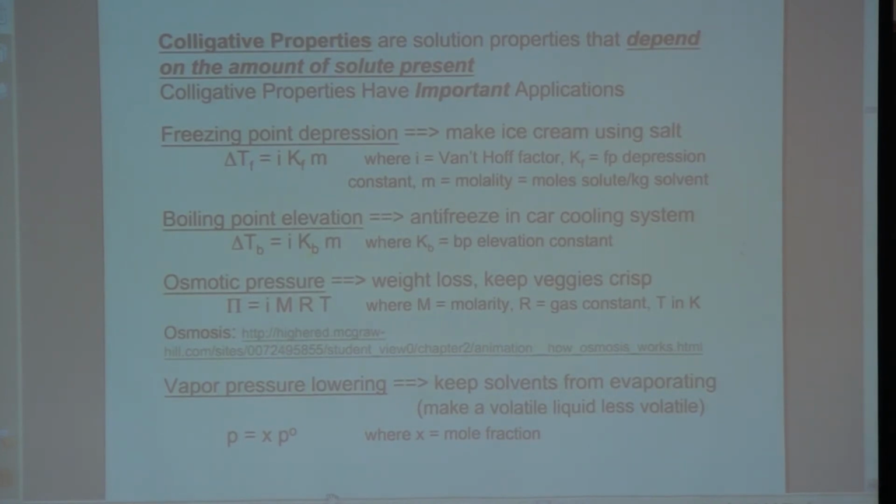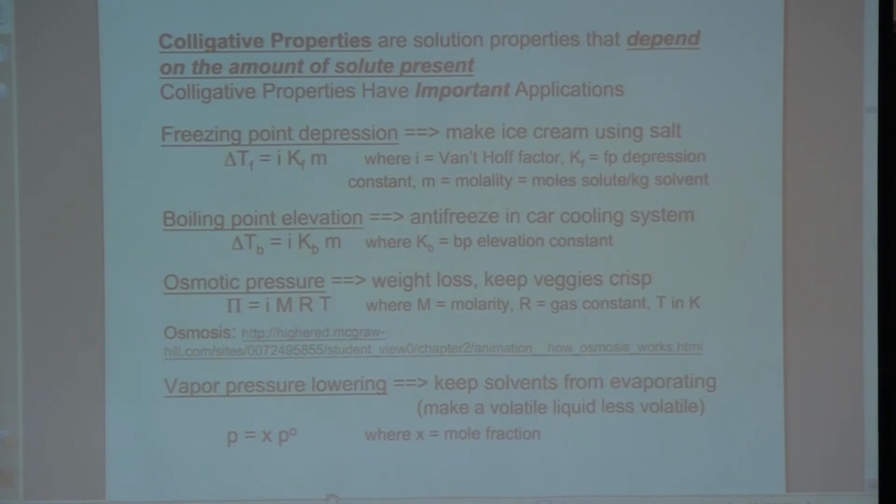Now, before we go on, I just want to refer you to table 13.2 on page 450. It shows the boiling point elevation and freezing point depression constants of several common liquids.